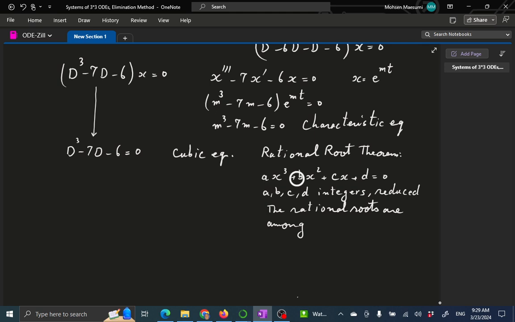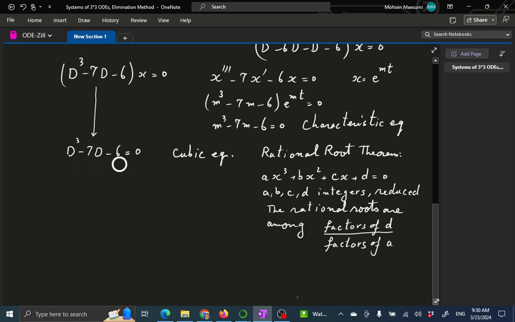So if I can simplify by dividing by 2 or 3 or such, you better do that at the beginning. So our roots are factors of d divided by factors of a.